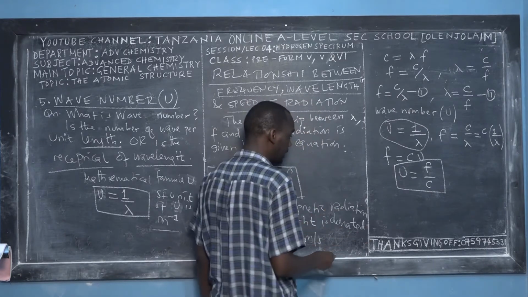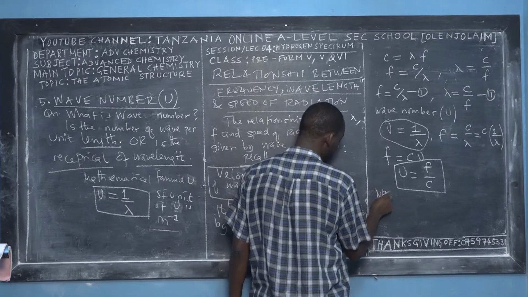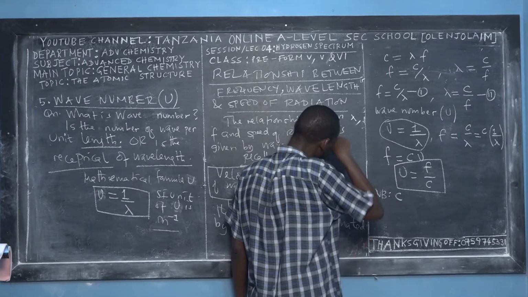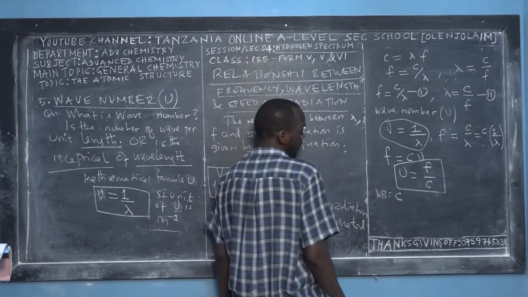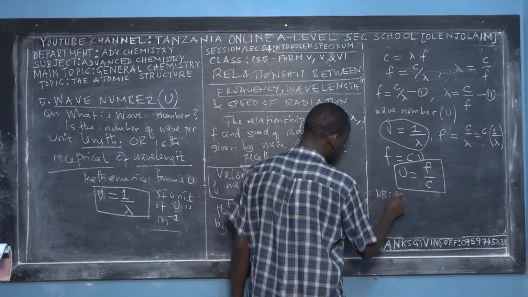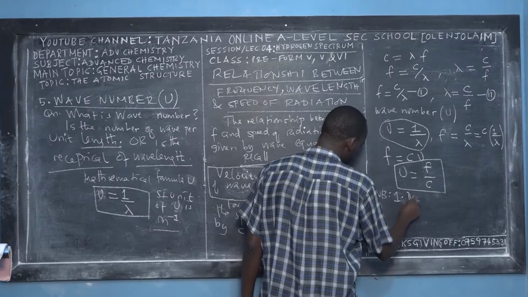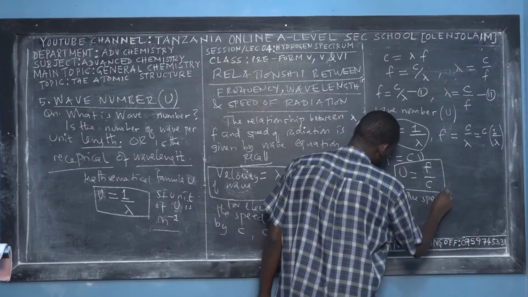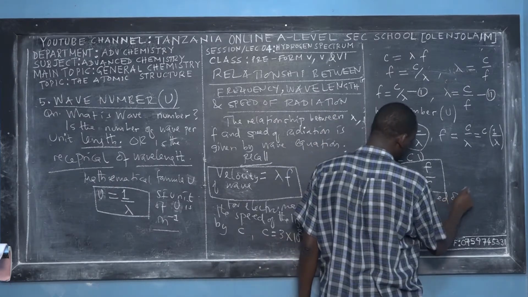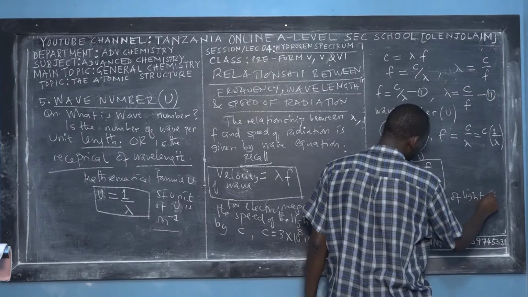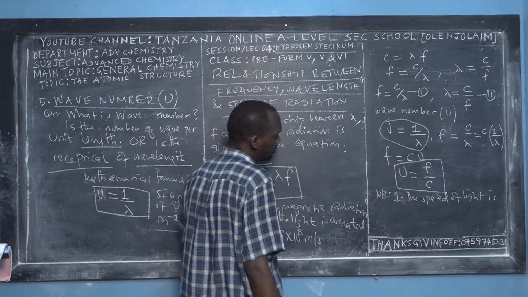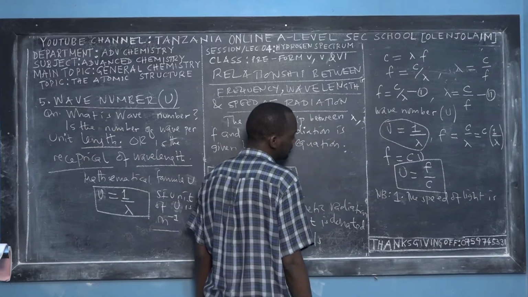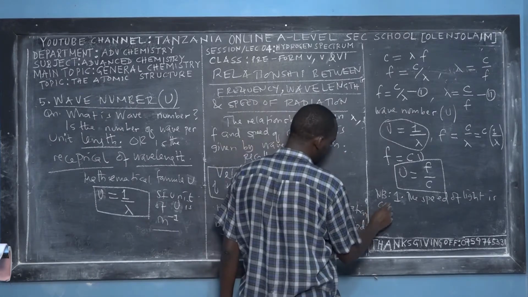So remember that here C means the speed of the light. The speed of the light is constant.